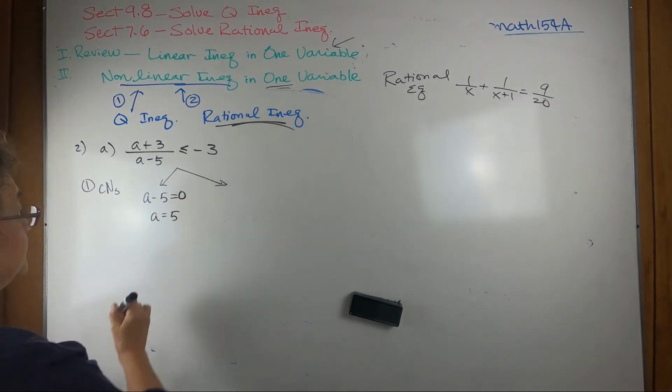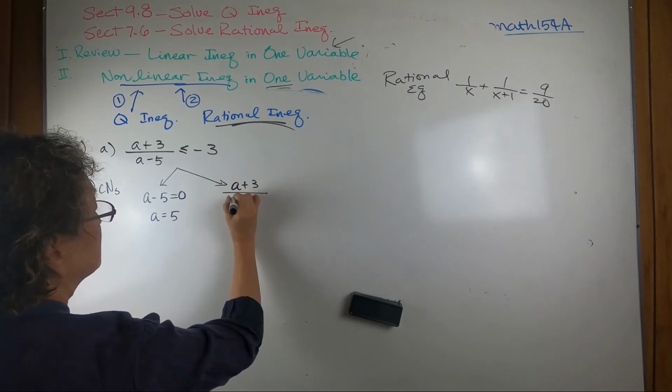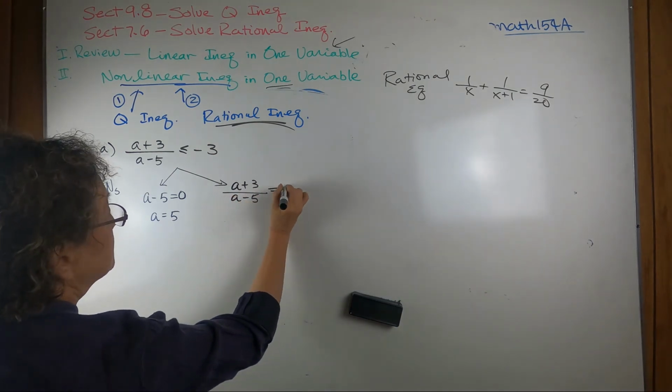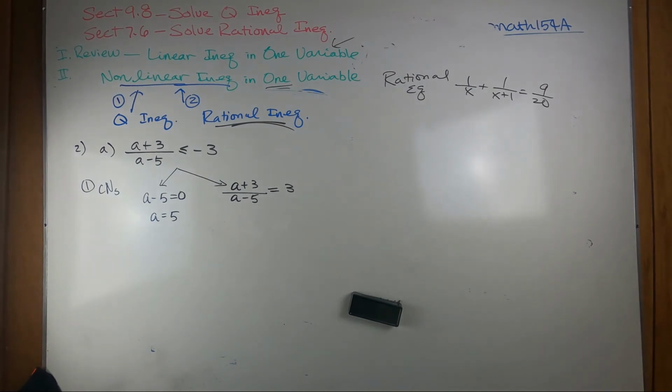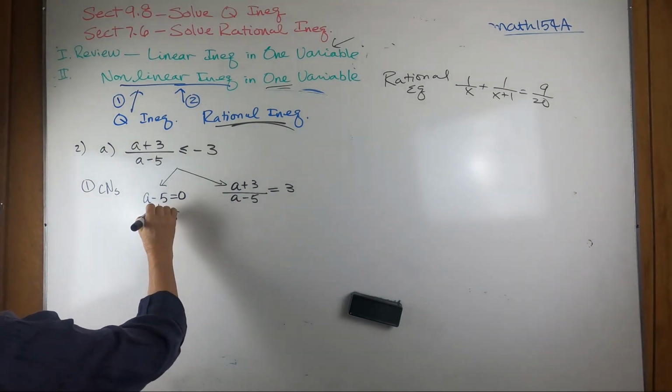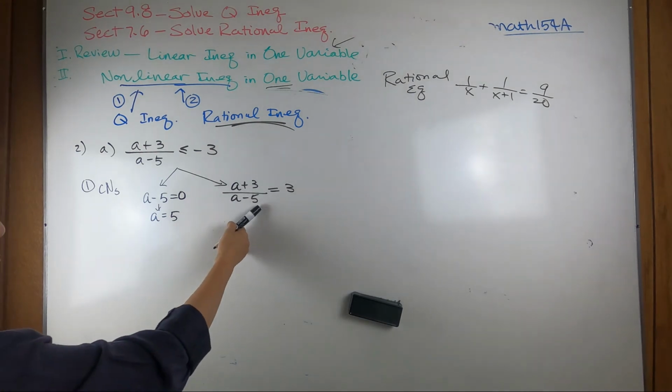Another is the boundary condition, when it's equal, where one side would be greater than and one side less than. That one is easy, just solve it.